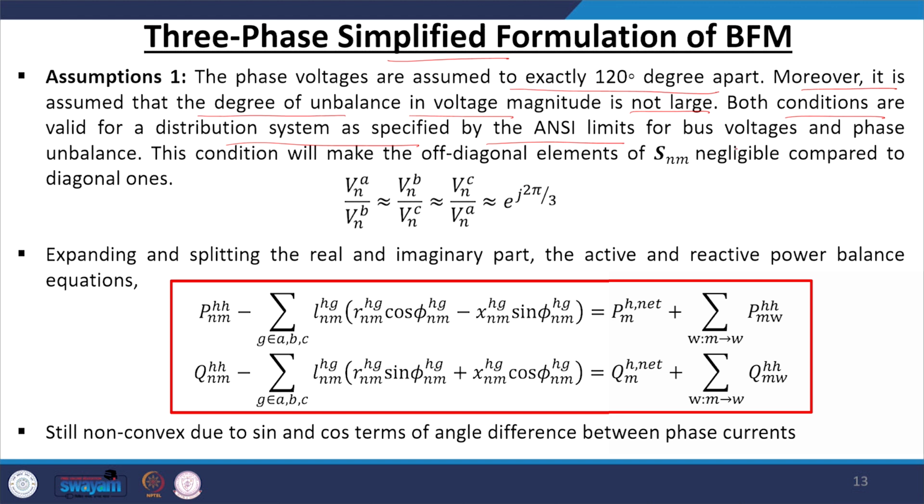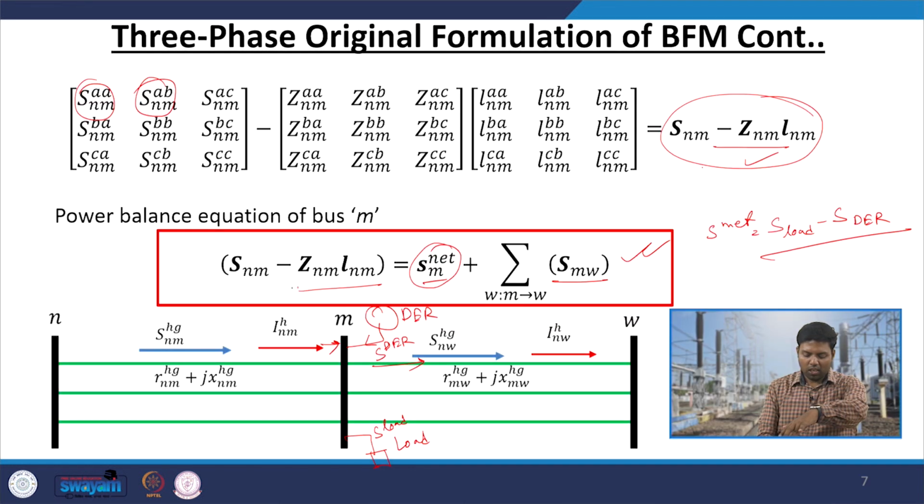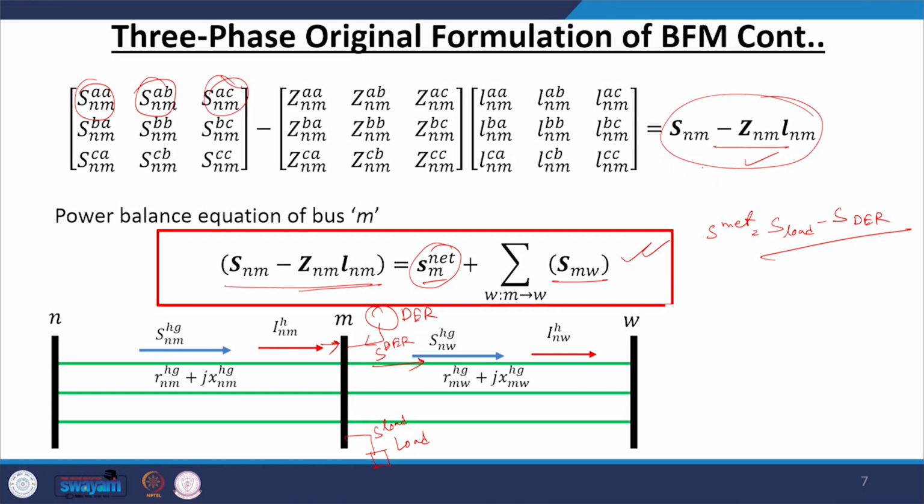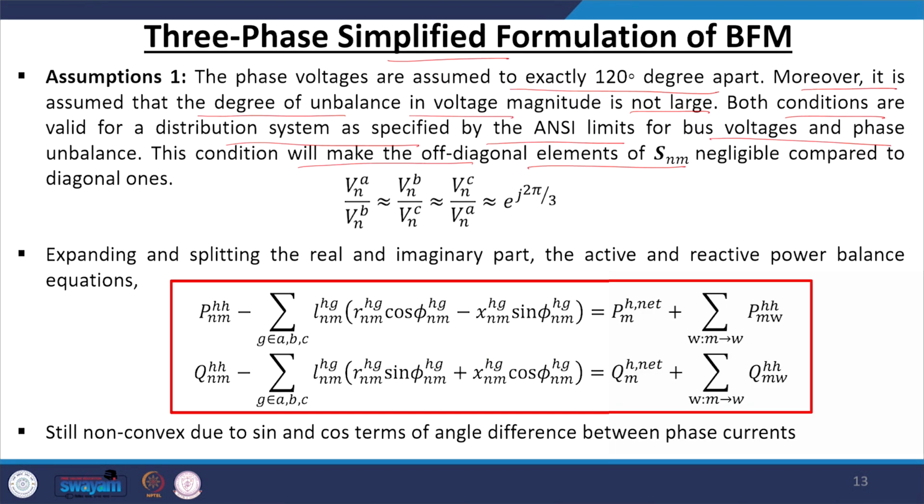So, with this consideration, the off-diagonal elements of your power equation, that means this term, will become 0. So, you have only the diagonal term associated with the power flow matrix. If you use that and expand it, then you will get the active and reactive power flow equations like this.